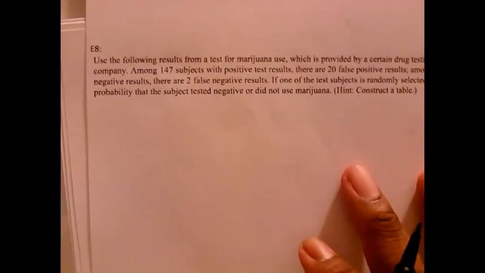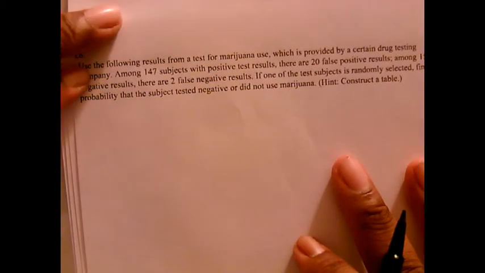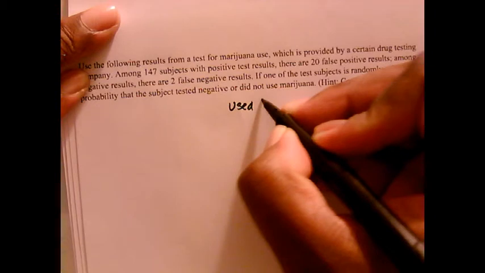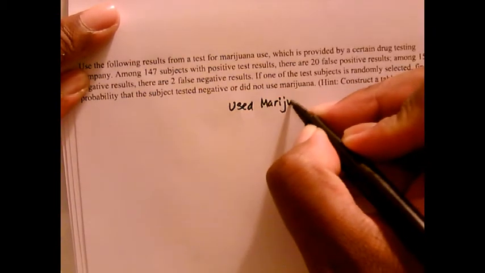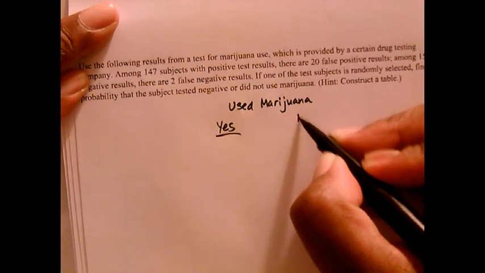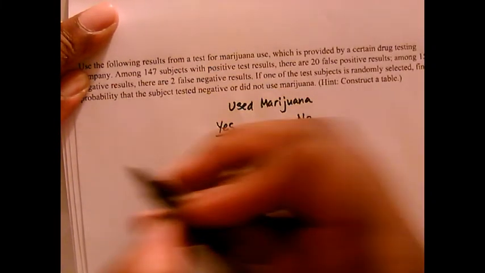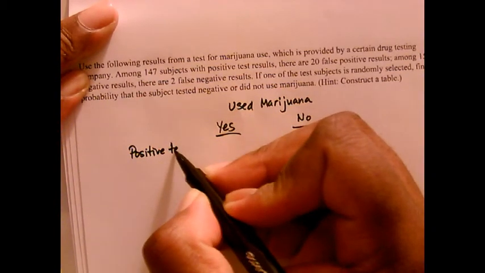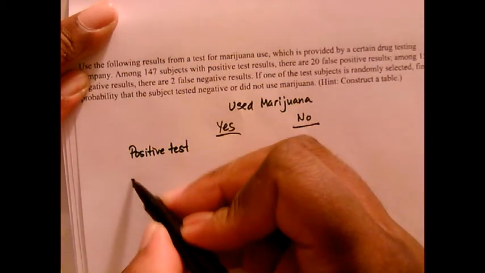Okay, so let's construct the table. In this case here, I'm going to say use marijuana, and then I'm going to put yes or no. And then on the left side will be positive test, and then negative test.